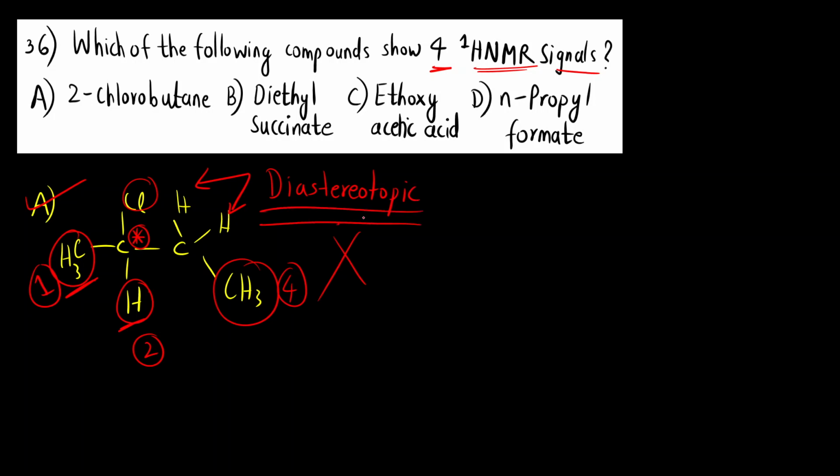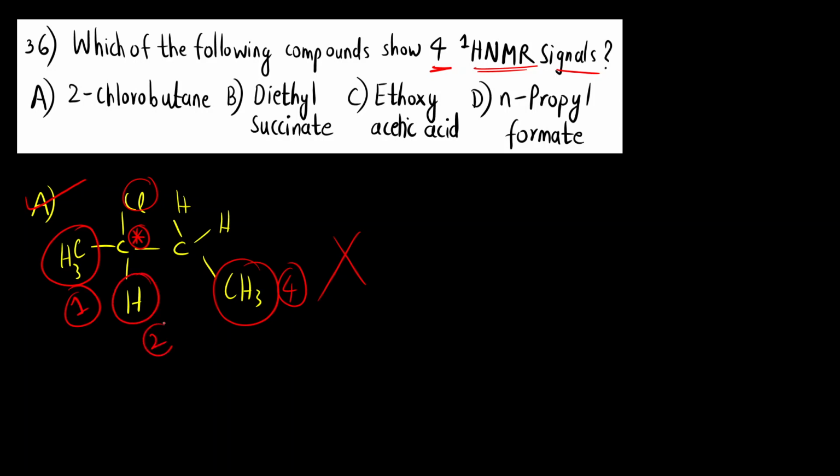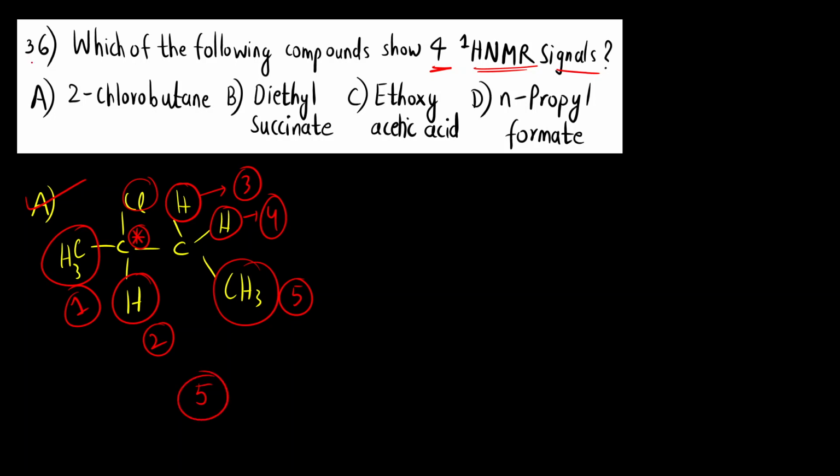Okay, diastereotopic protons. So both these protons are going to give different peaks. So the number of peaks, if we count again, this will be 1, this will be 2, this hydrogen will give a separate 3, this hydrogen will give 4, and this will be 5. So total how many signals are present? 5. So option A is incorrect.